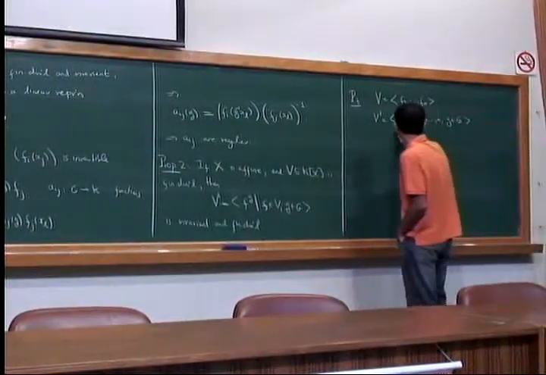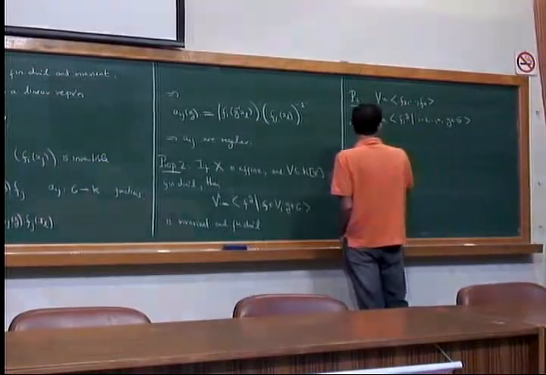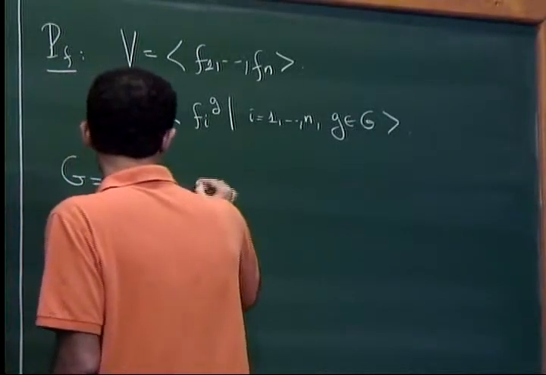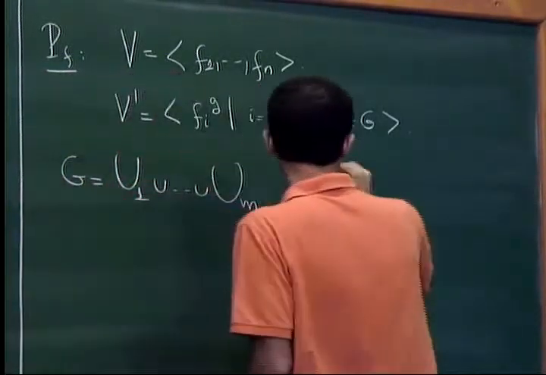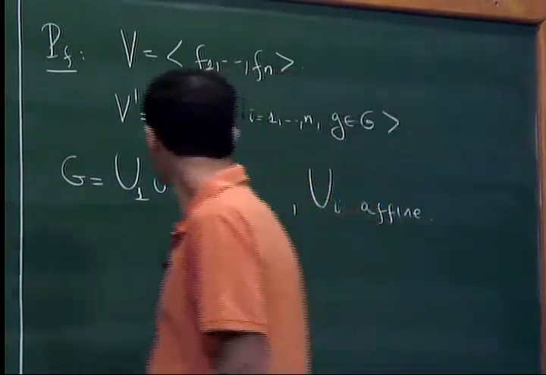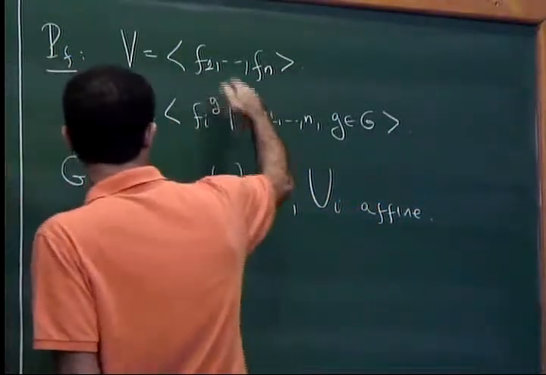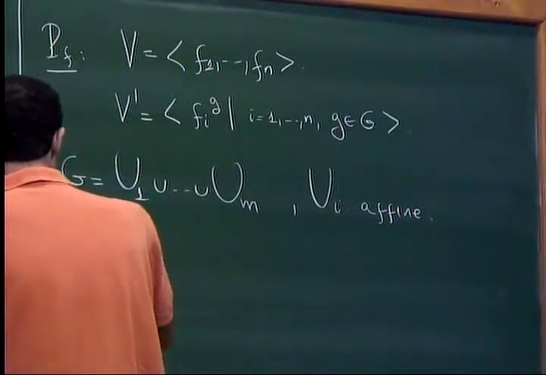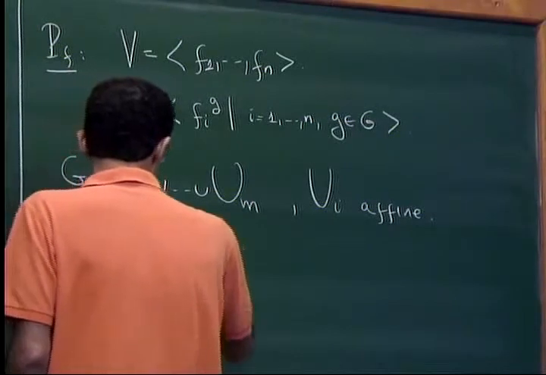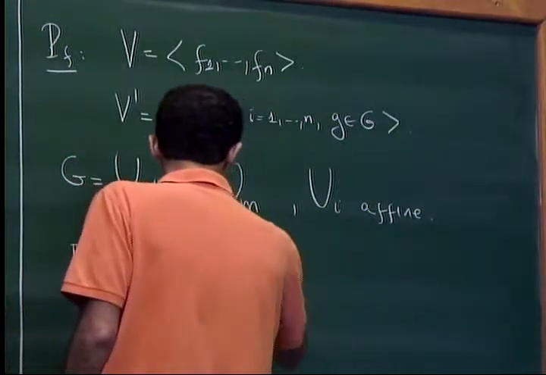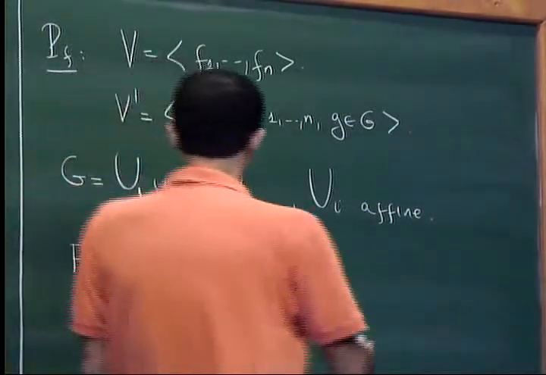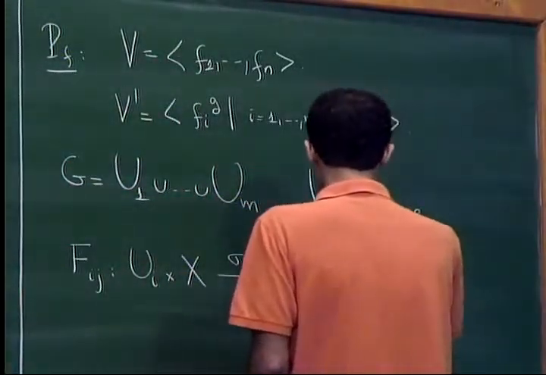So we have these functions here. We have g. So g can be decomposed, where these Ui's are affine. Right? And then what we do is look at the action of these affines on X. So that's the action sigma, restricted to that Ui times X. And then you apply Fj.